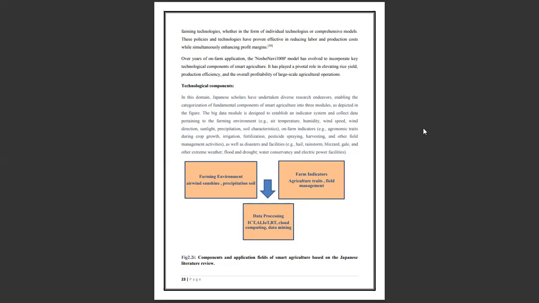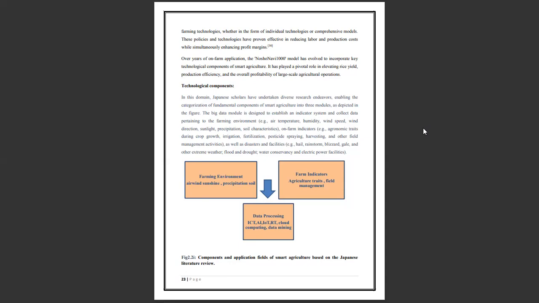The big data module is designed to establish an indicator system and collect data pertaining to the farming environment. Farming environment covers air, weather, sunshine, precipitation, and soil. Number two is farm indicators, which include agriculture traits, field management, and then data processing.